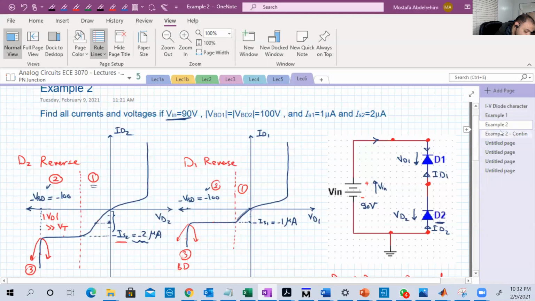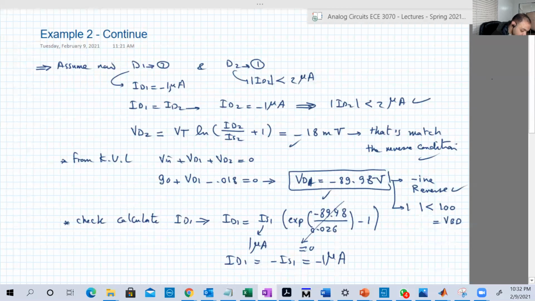If we go back and see the solution, VD2 is minus 18 millivolts. It's comparable to 26 millivolts, which is VT, right? And why is the voltage small? Because the current is just a portion of 2 microamperes. It should be half of it, which is 1 microampere.